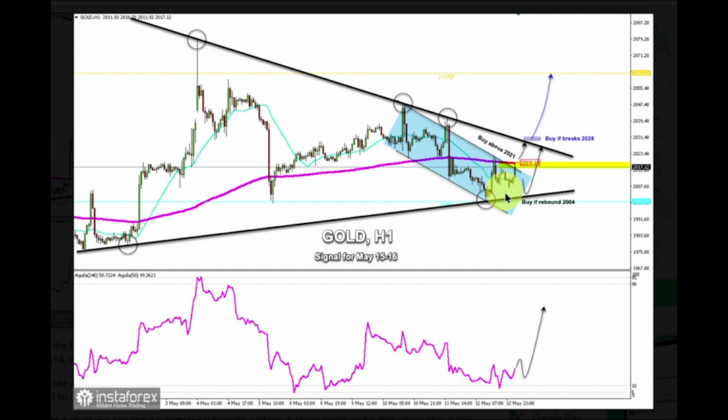If gold manages to break above 2027, the top of the bearish channel, and stabilizes above, it could gain bullish momentum and move towards 2061 and 2077.